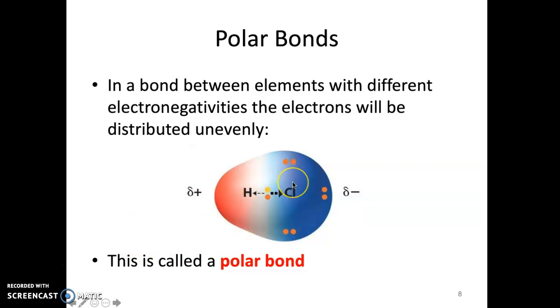They stick around it more. Whereas the hydrogen, because the electrons don't really care for the hydrogen, ends up being a little bit positive. Now, when we have a difference like that, we call it a polar bond, because there's a pole here, kind of like a magnet has a pole.